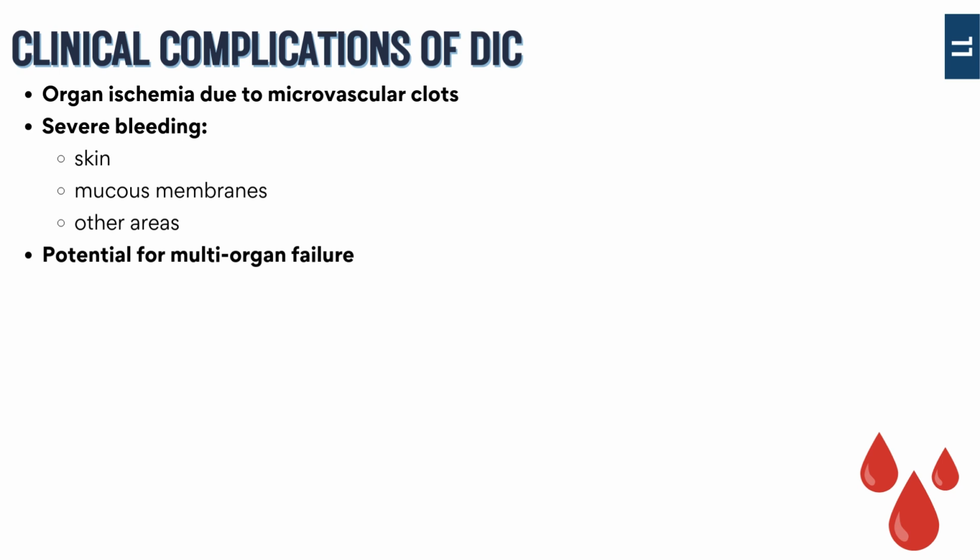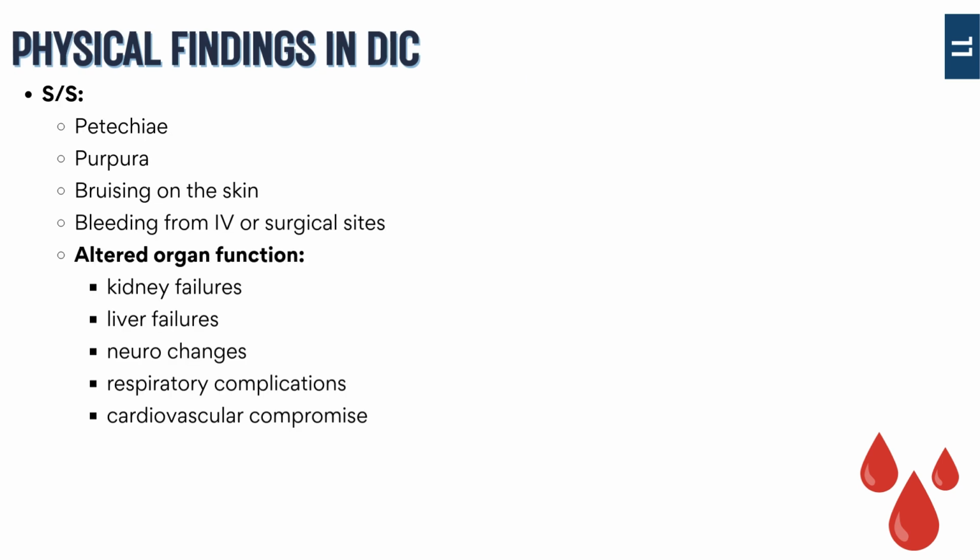And IV sites are another area, where you'll see blood oozing around the IV site. And so you have to keep that in mind. And mucous membranes, another thing: the nose, the mouth, the rectum, you're going to start seeing bleeding, okay? When you leave these unaddressed, DIC can escalate into life-threatening multi-organ failure.